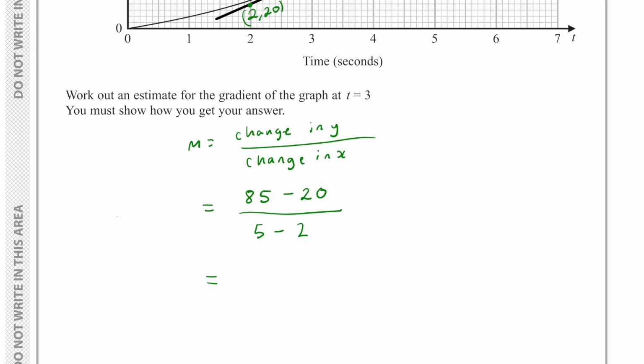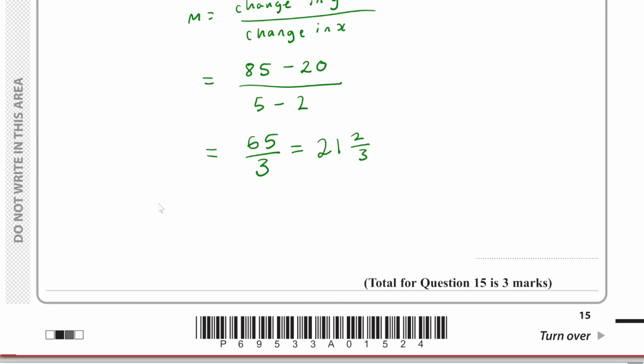And that leaves me with 65 over 3. I can leave it as 65 over 3, or it's 21 and 2/3. There's going to be a range of acceptable answers for this question, but 21 2/3 seems okay.